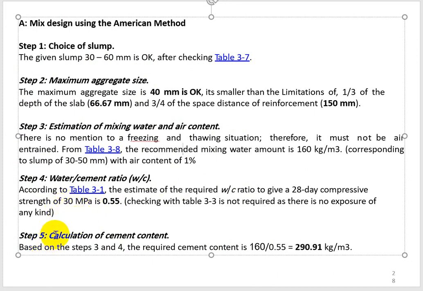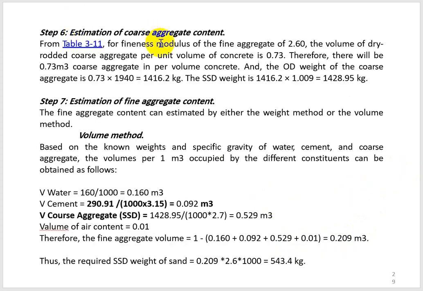And for step 5, here we have calculation of cement content by using the information we have in step 3 and 4, dividing the water content over the water cement ratio. So we have the 290.91. So it's all the same as we did. So you could just do that straightforward.